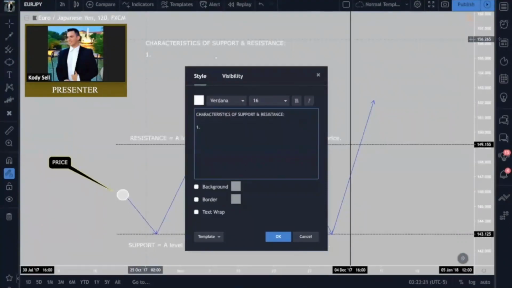Because, and this is important, so make sure you take note of this, 1, when support breaks, it becomes resistance. 2, when resistance breaks, it becomes support.